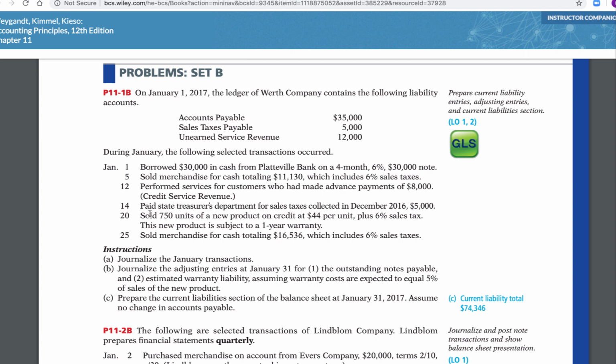Sales tax usually needs to be paid on a monthly basis, and we pay the prior month. Okay, so we are January 14th. We need to write a check to the state treasurer's department for the sales tax that we collected on the sales that we made in December.